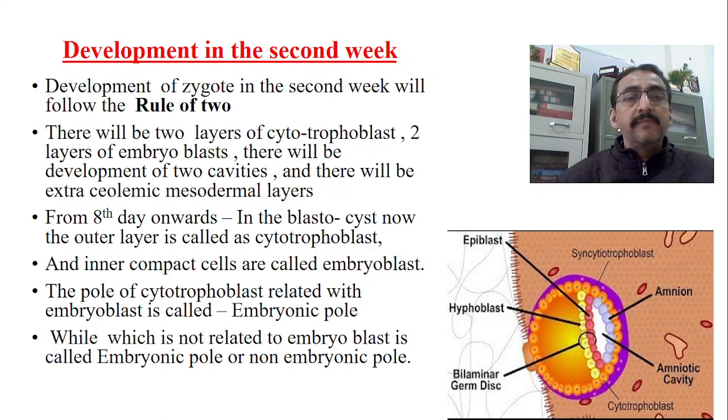Now, from the 8th day onwards, in the blastocyst, the outermost layer is called the cytotrophoblast. We saw that in the last class also.